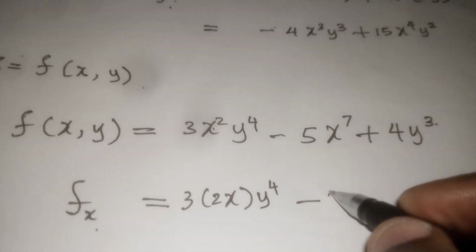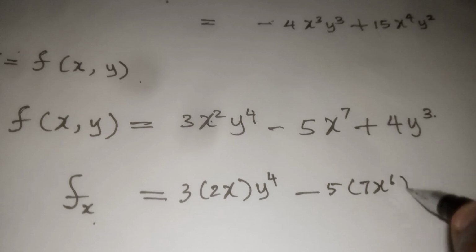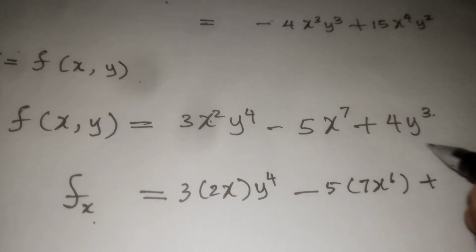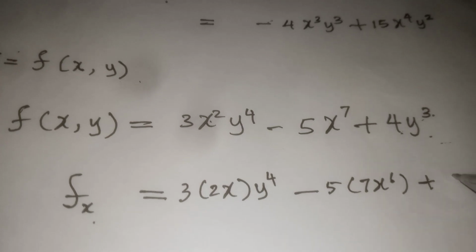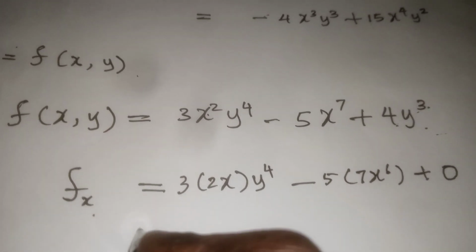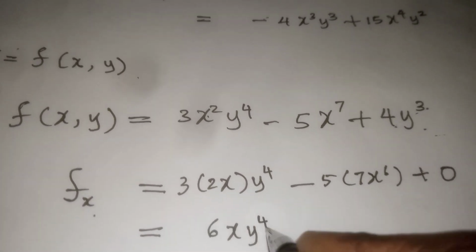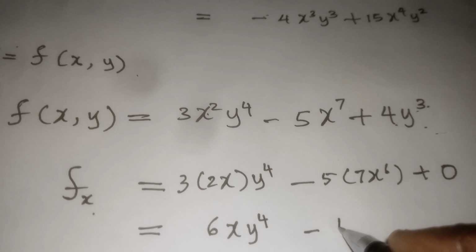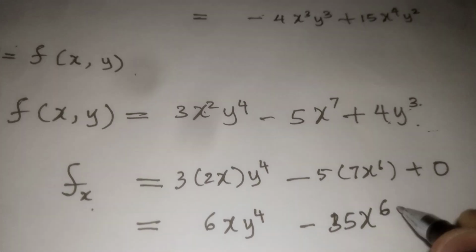Differentiating x power 7, we get 7x power 6. Plus, 4 and y are constant, and the derivative of a constant is equal to 0. Therefore this is equal to 6x y power 4 minus 35x power 6.